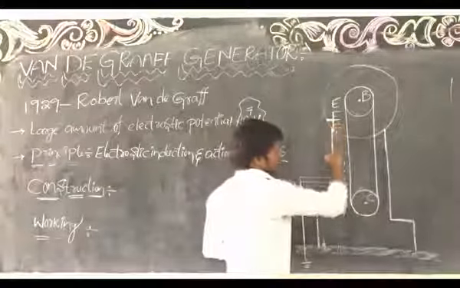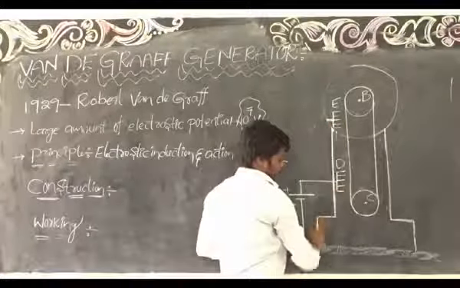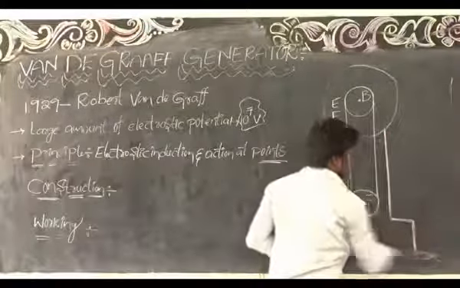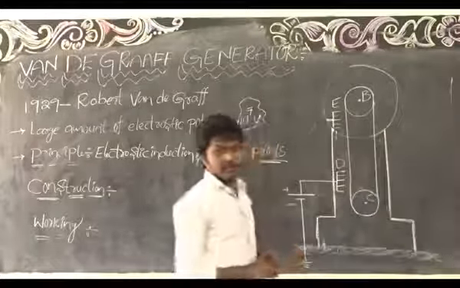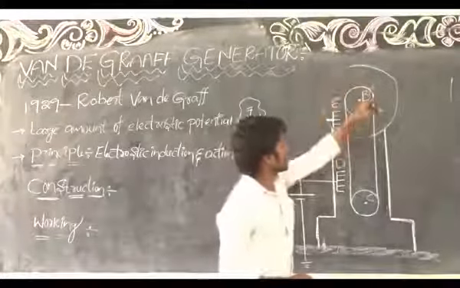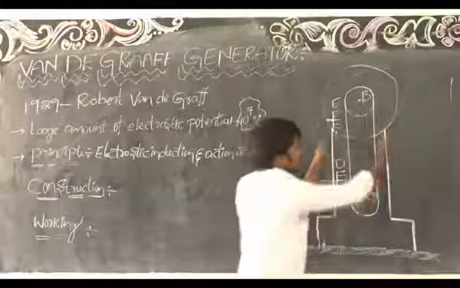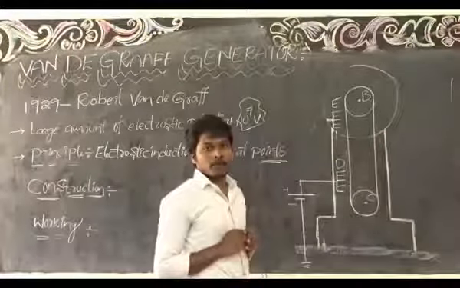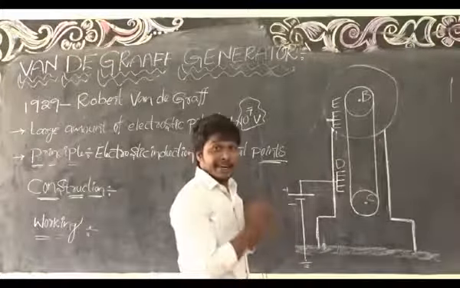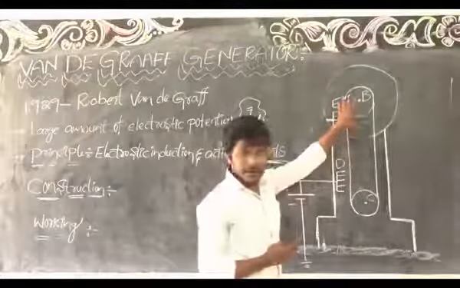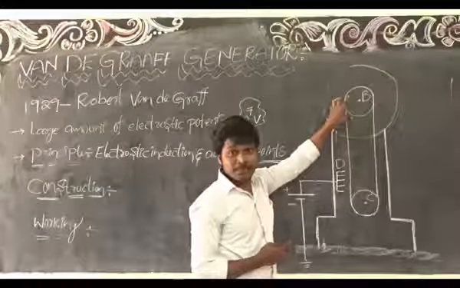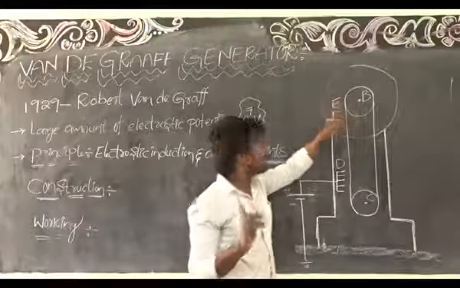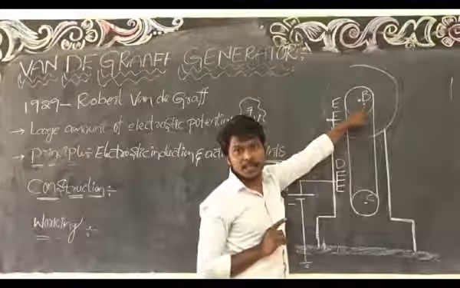This is one insulating stand and this is the other insulating stand. Inside the sphere is placed one pulley. That pulley's name is B.